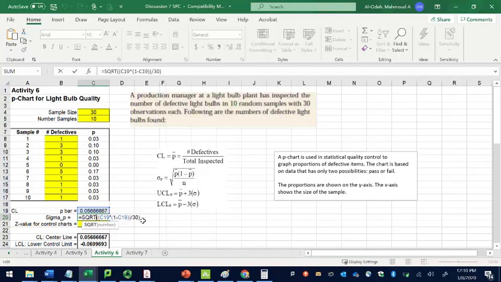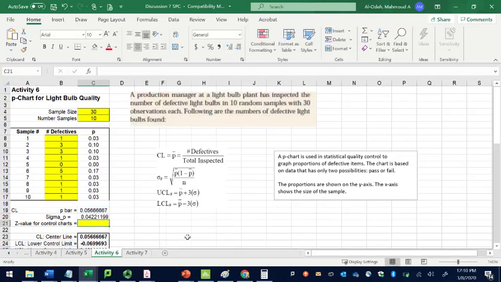We use this for only one sample, the standard deviation for each of these samples. So you will get 0.042.